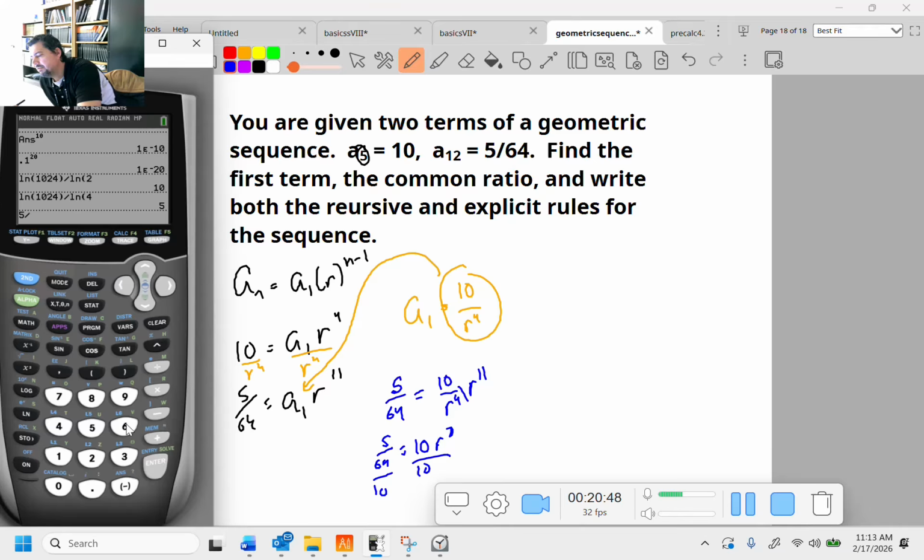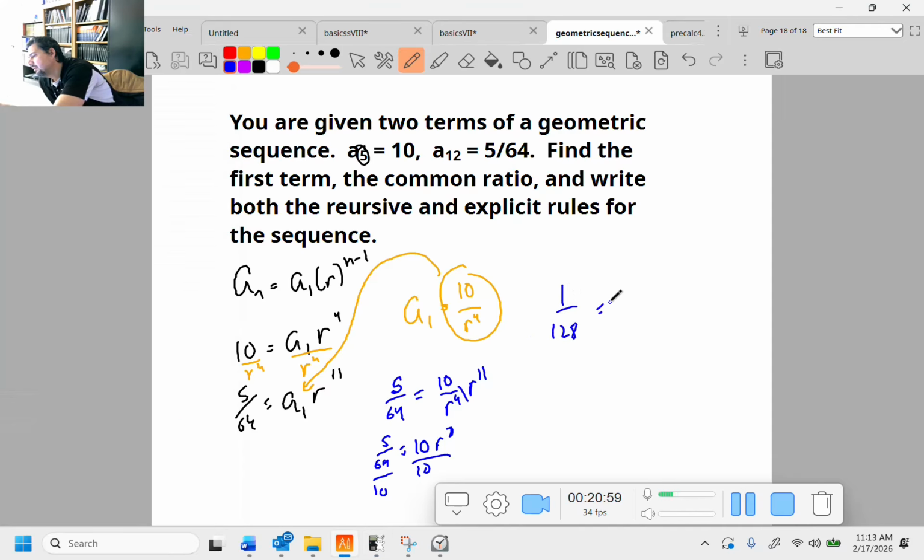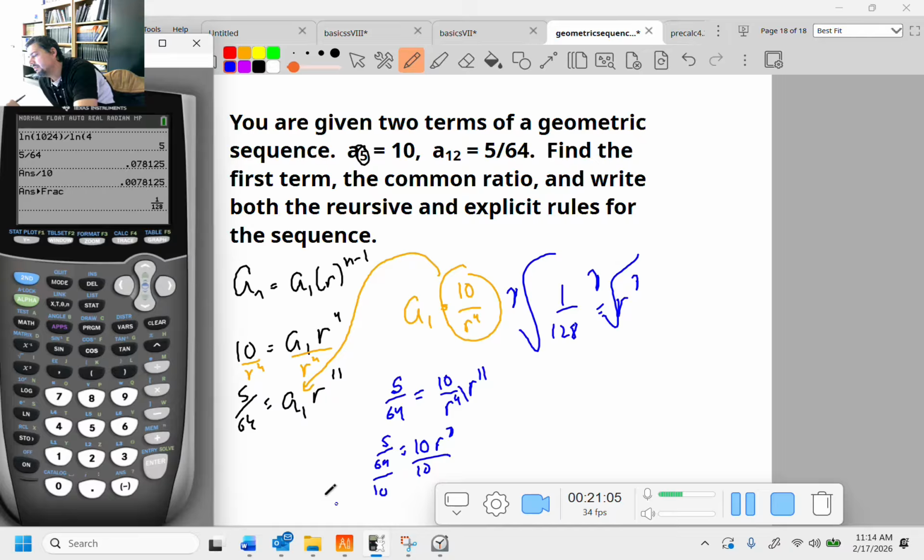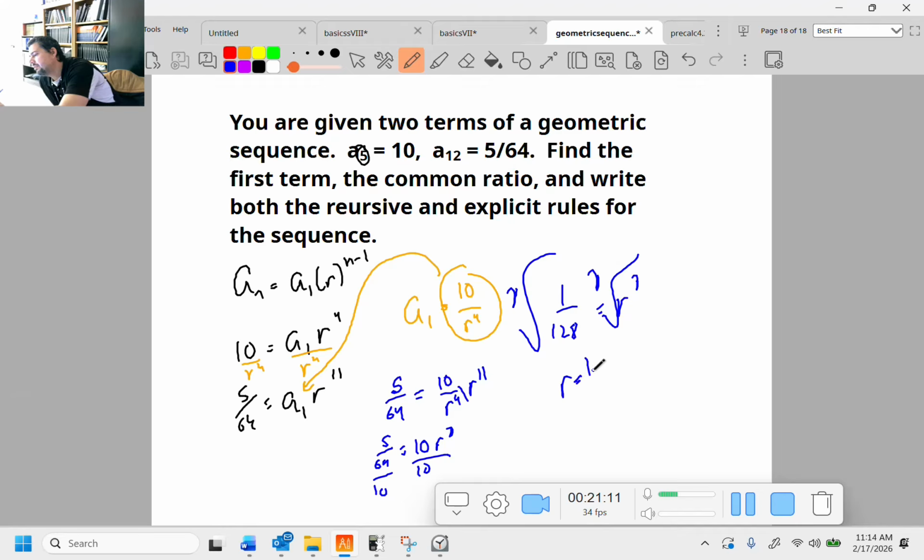But you take your 5 over 64, divide it by 10, back as a fraction, 1/128th. The opposite of the 7th power is the 7th root. To do a 7th root in a TI-84, you raise it to the 1/7. There you go. The ratio is a half.